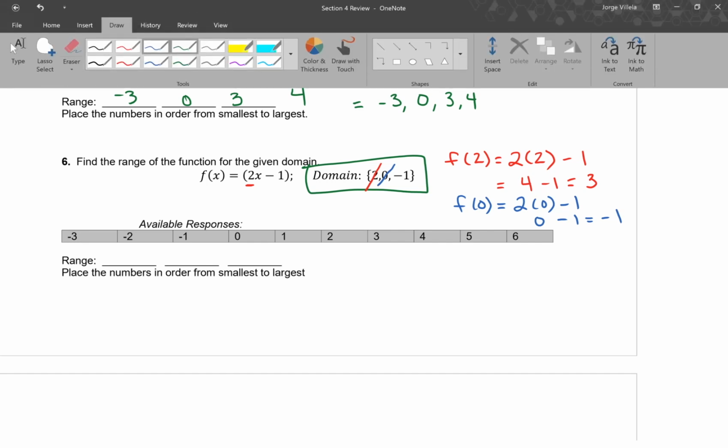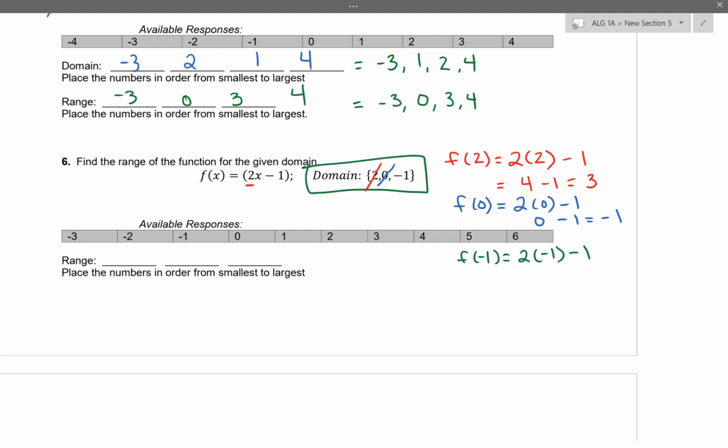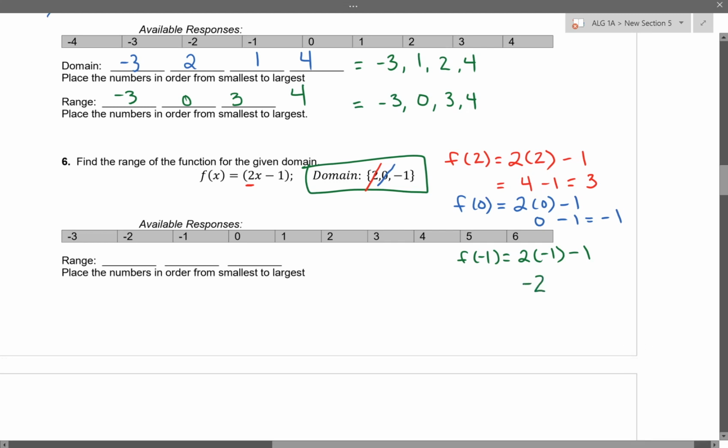The last one I need to do is negative 1. So f of negative 1, that means anytime I see an x, I'm going to put what number? Negative 1. So that is 2 times negative 1 minus 1. Well, 2 times 1 is 2, but a negative times a positive is a negative. So 2 times negative 1 is negative 2.